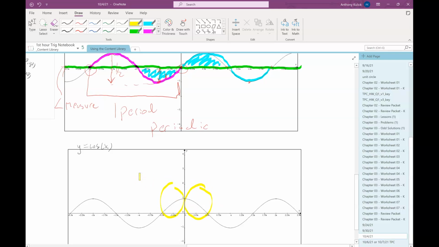Notice here that it's like a mirror image of itself across the y-axis. That was even symmetry.